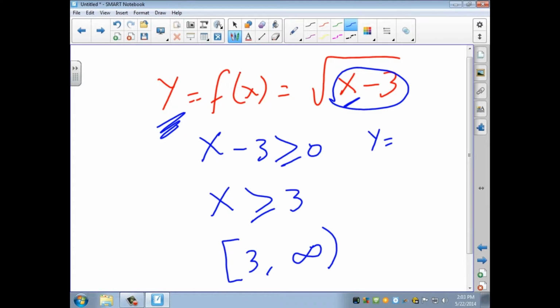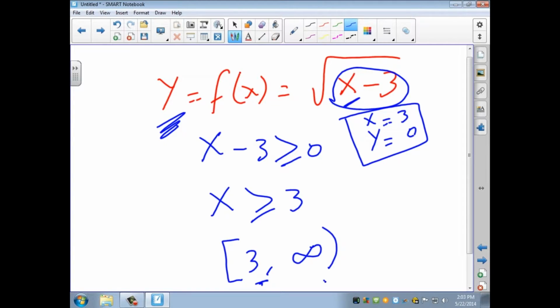is 0. That happens when x is equal to 3. When x is equal to 3, y would be 0. Since x has to be 3 or more, as x goes up, so would y go up. So as x goes beyond 3, y will go beyond 0.